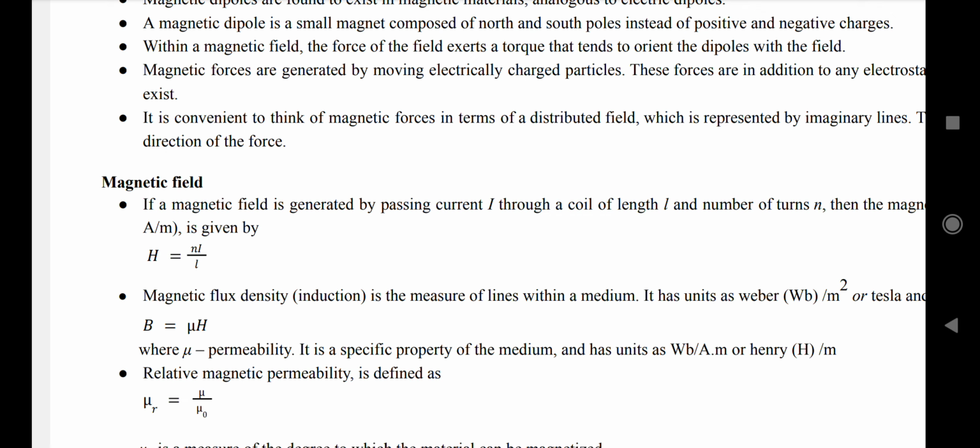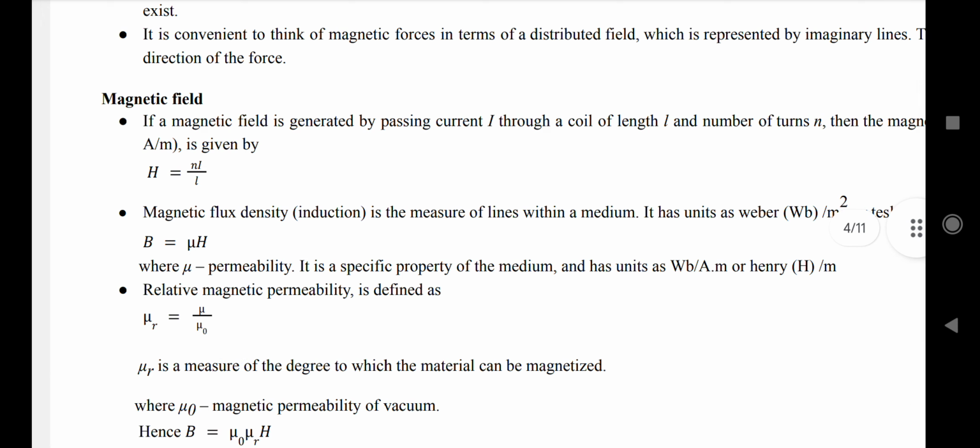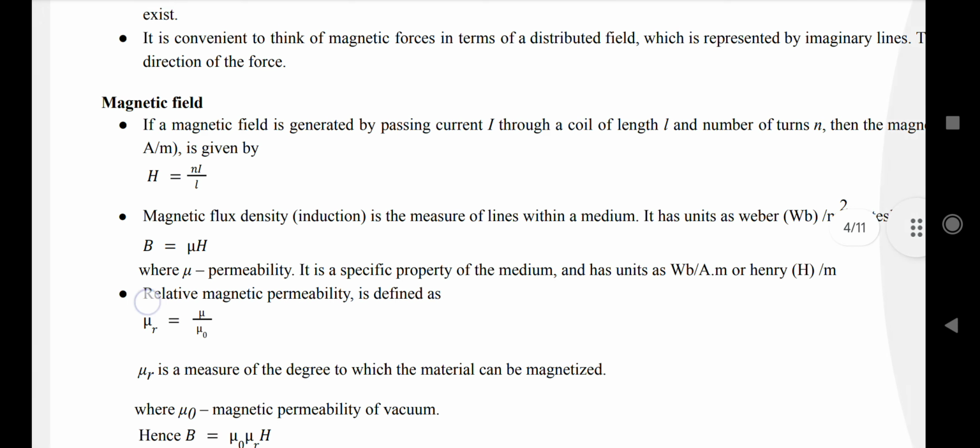It is a specific property of the medium. Alright, and there is one more term called relative permeability, mu R, which is equal to mu by mu 0.